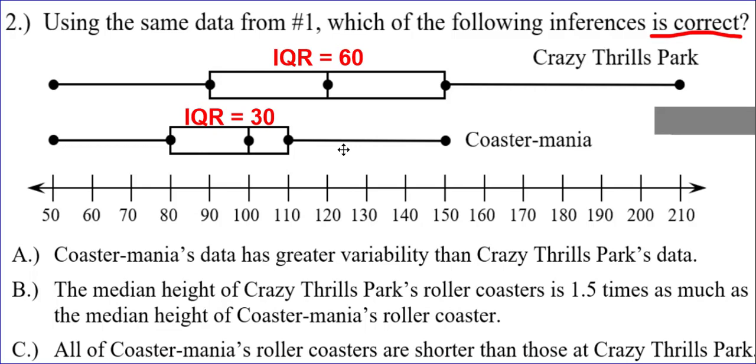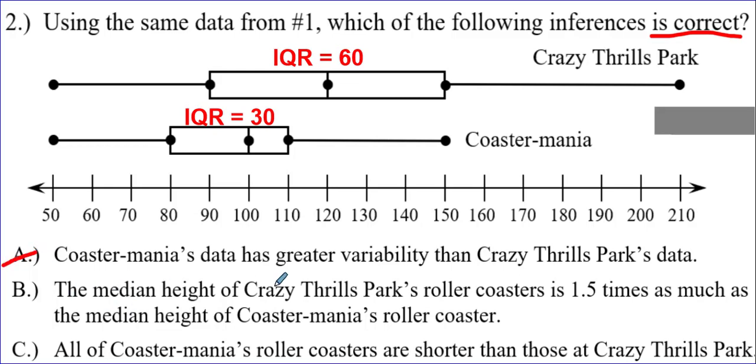Even if you just used normal range, which we don't normally use for measure variation, but even if you did, I mean, Crazy Thrills goes from 50 the whole way up to 210. So it's pretty clear to see Crazy Thrills has the greater variability. All right, so it's not choice A. We can go ahead and cross that out.